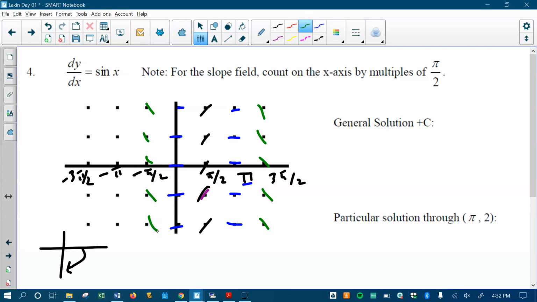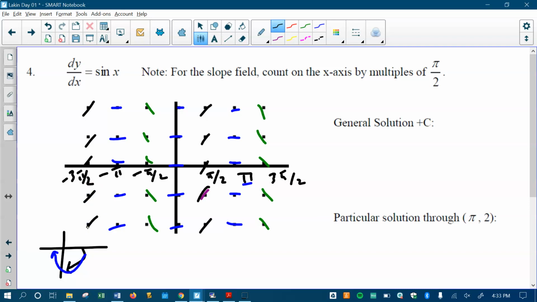And then negative pi is fully around, so that's where y equals 0, so 0 slope here. And lastly, we have this one, slope of 1 for sine of negative 3 pi over 2. That's kind of what we want, something oscillating here.